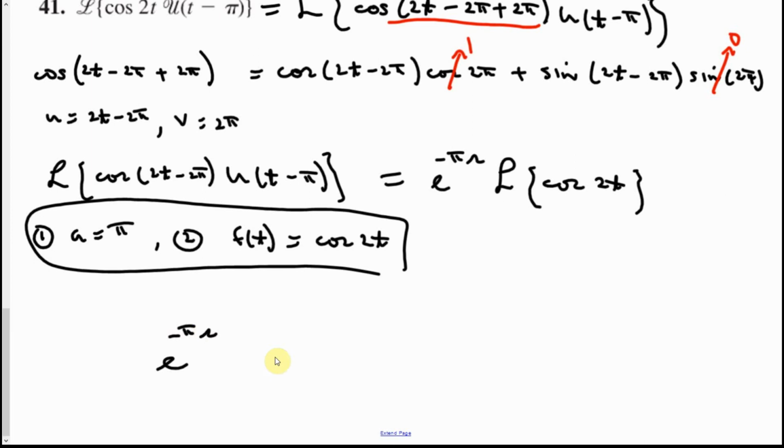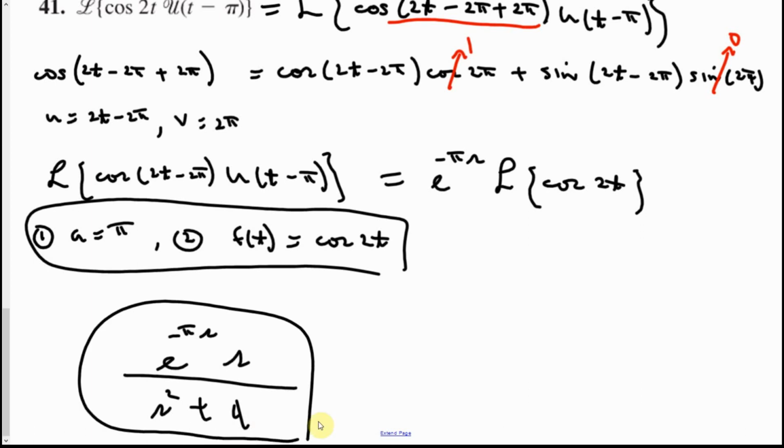Now the Laplace transform of cosine 2t is, remember for cosine you put an s in the numerator, so this becomes s all over s squared plus 4. Wow. That's crazy, right?